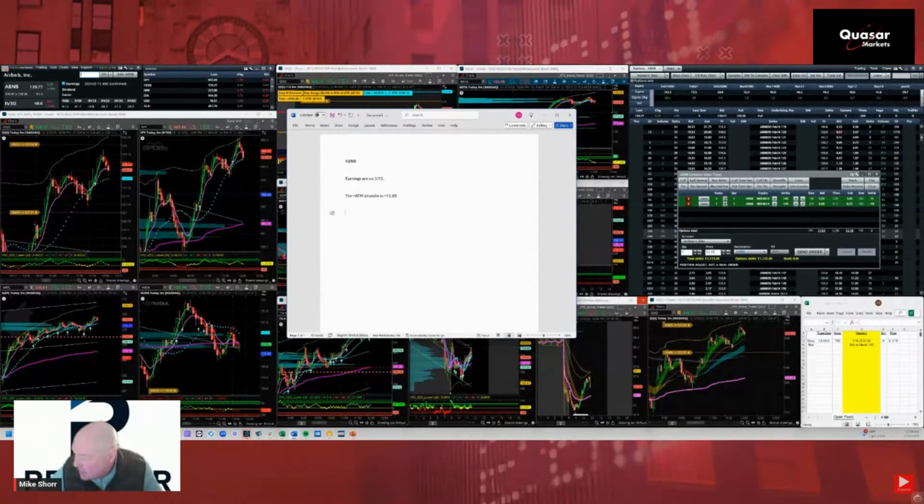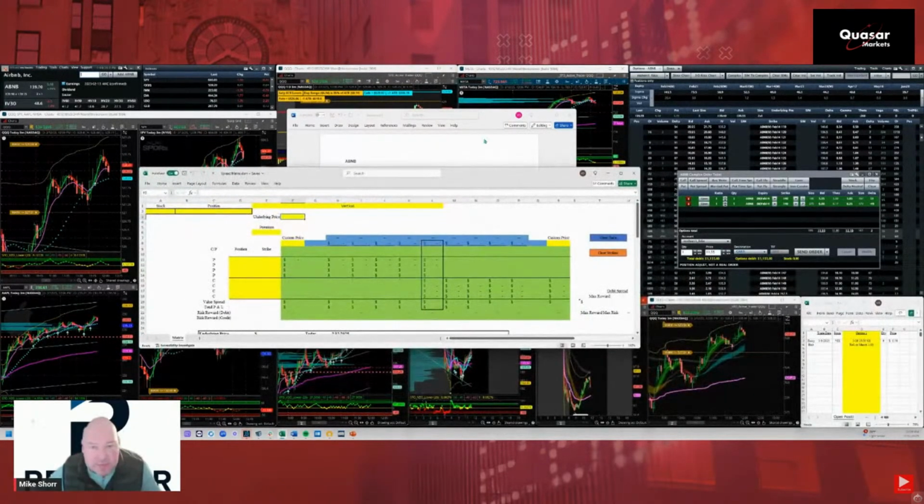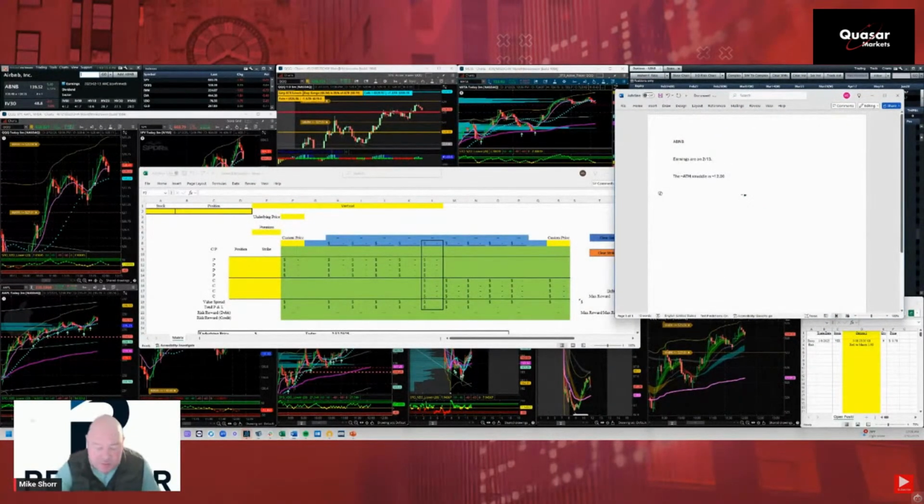to calculate it, and I've actually put together a spreadsheet for that. So in order to calculate the expected move, we need 3 pieces of information.